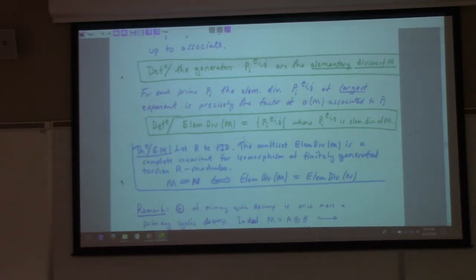All right, so the generators, these guys, are the elementary divisors of M. So the elementary divisors of M are the set of annihilators for the cyclic submodules in the primary decomposition.